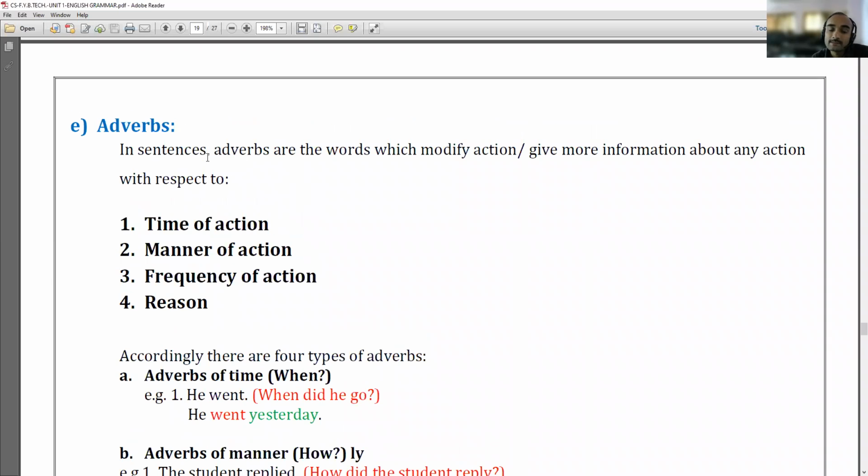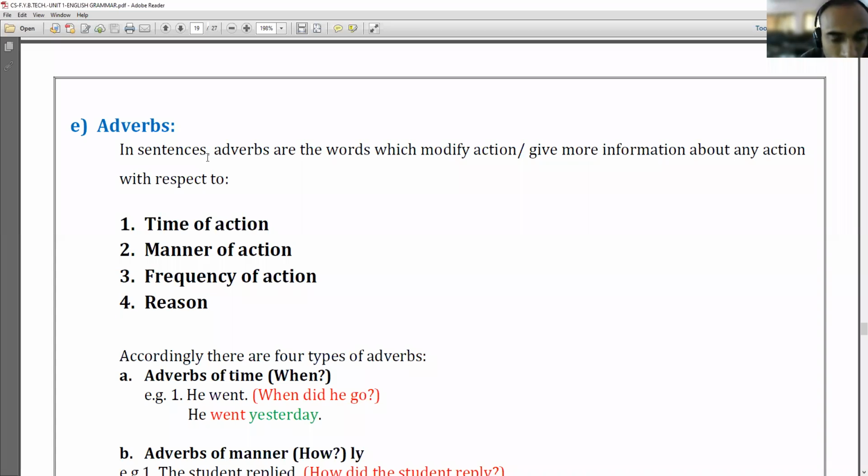ओके, सो इन सेंटेन्सेस adverbs are the words which modify action or give more information about any action with respect to time of action. त्या क्रियेची वेळ काय होती, मॅनर ऑफ ऍक्शन, ती क्रिया कशी घडली, त्यानंतर फ्रिक्वेन्सी ऑफ ऍक्शन, ती क्रिया किती वेळा घडली, and what was the reason of that action. Okay, so these are the 4 types of adverbs.